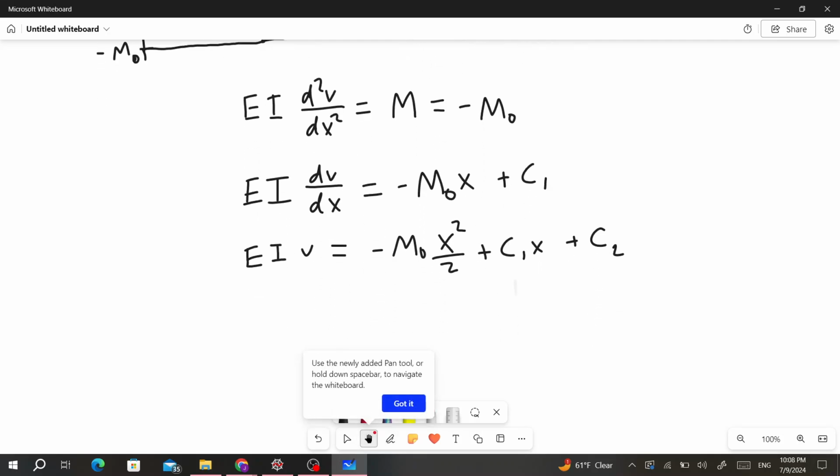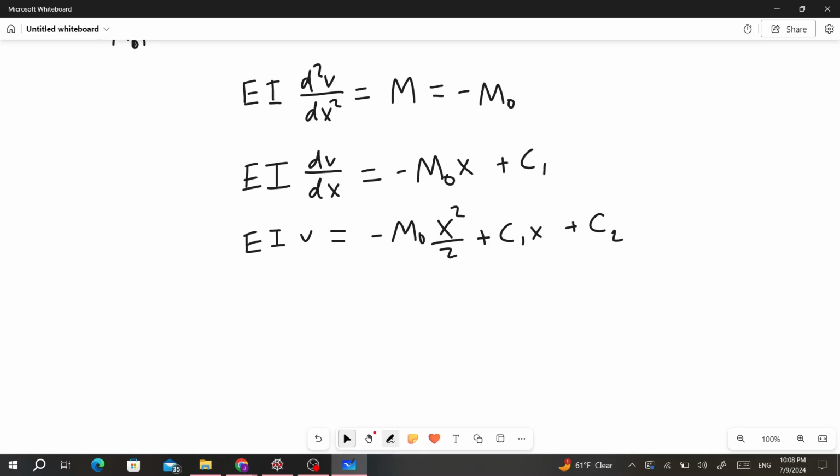Now, this is a cantilever beam, so our boundary conditions at the fixed end are that at x equals 0, v equals 0 because it's a fixed boundary condition. We also know that at that same spot, at x equals 0, the slope dv dx is equal to 0, again since it's a fixed boundary.